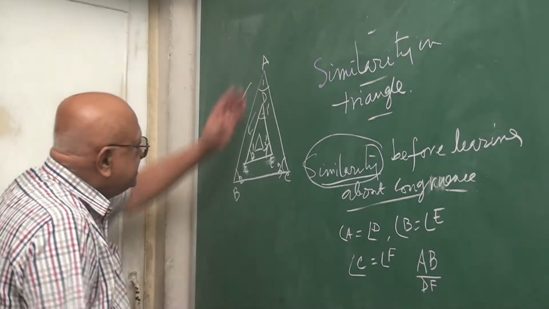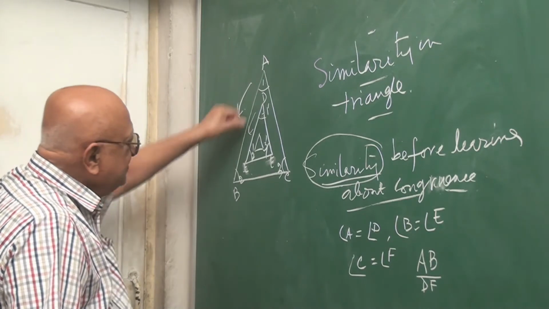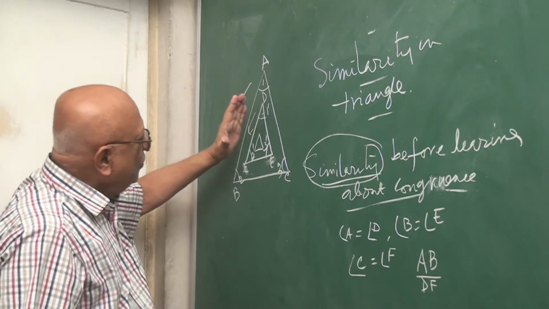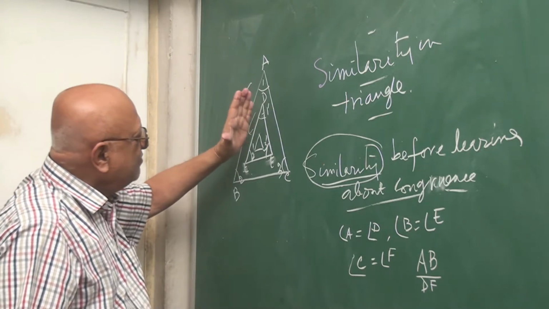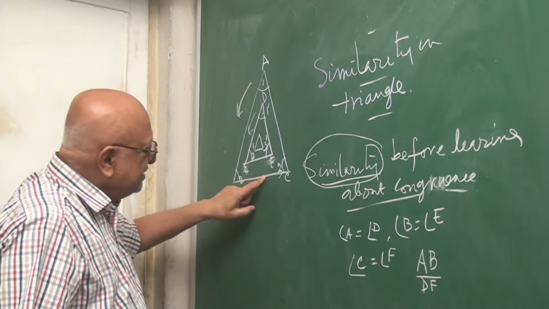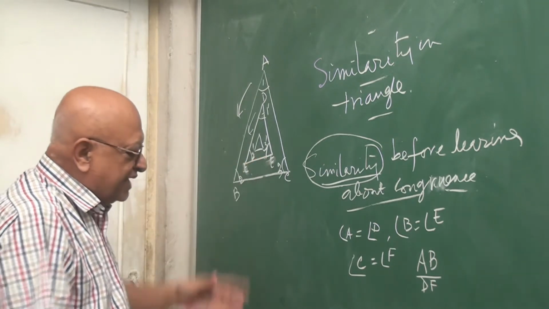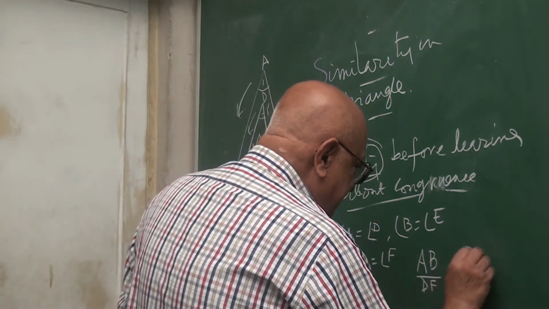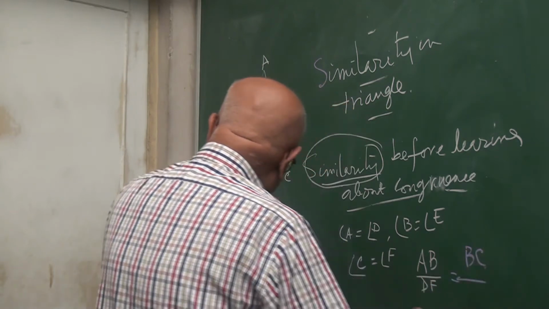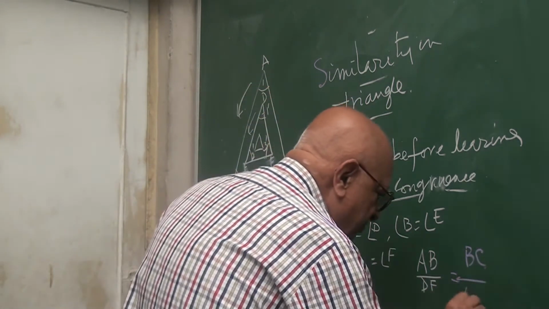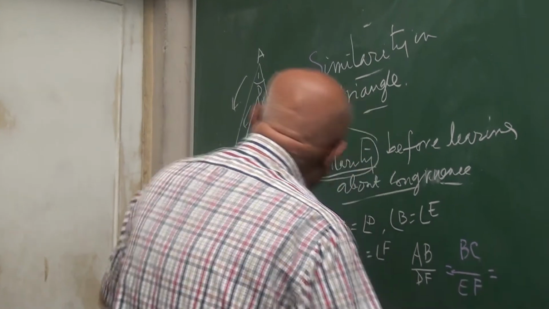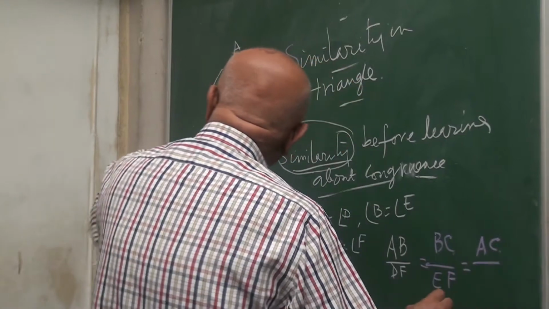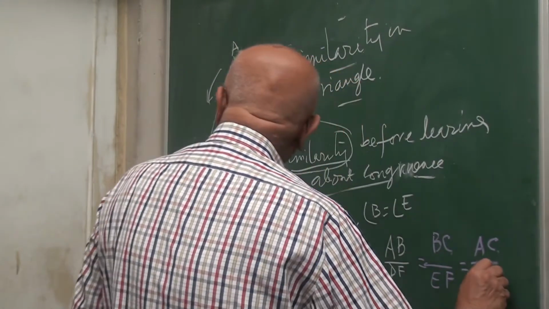So BC will be proportional, not equal, to EF, and AC to DF.